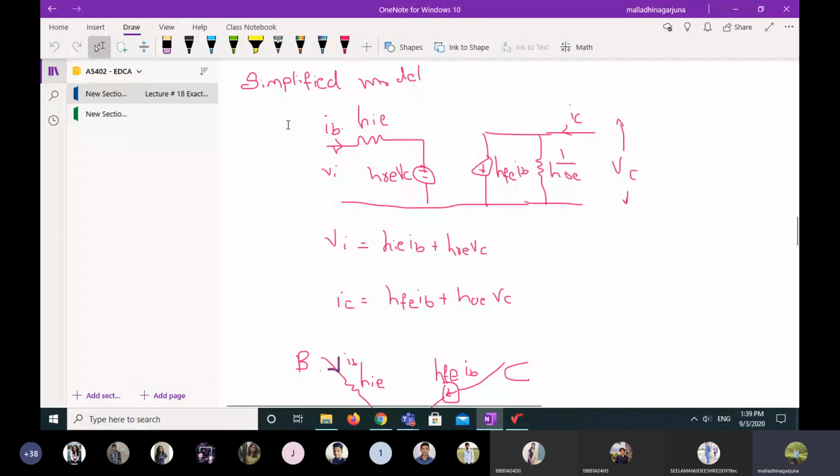Varun, is it clear? Yes, sir. Clear, sir. So now take the heading simplified model.